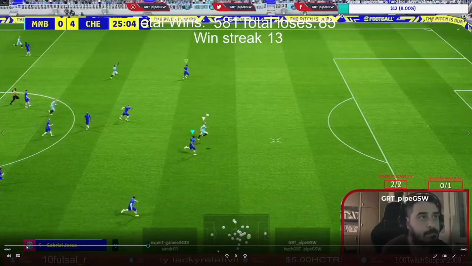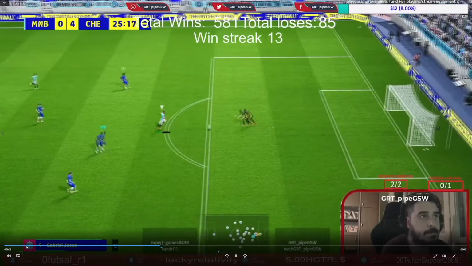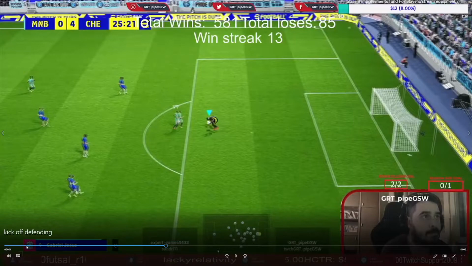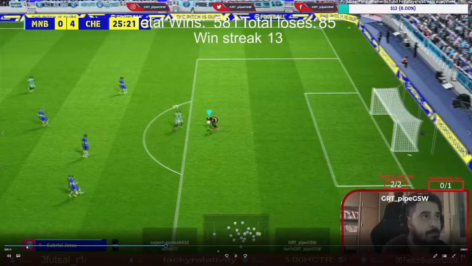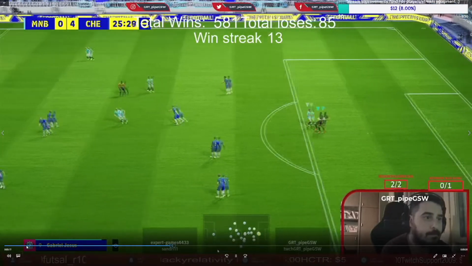So in this moment, he had about a 50-50 chance of scoring a goal. So what you need to do to make that chance even smaller is to use triangle and rush with the goalkeeper, as I did like this, and the goalkeeper collected that ball and the threat is neutralized.